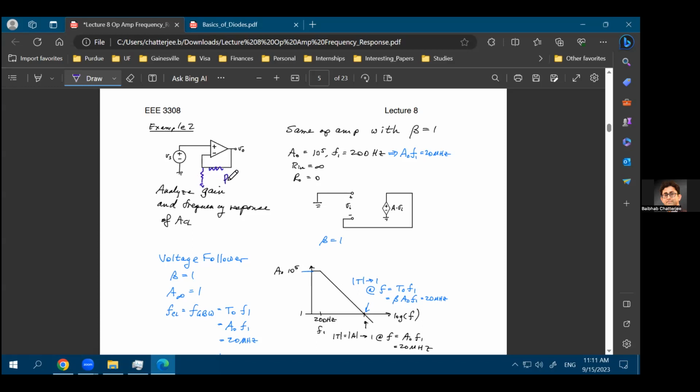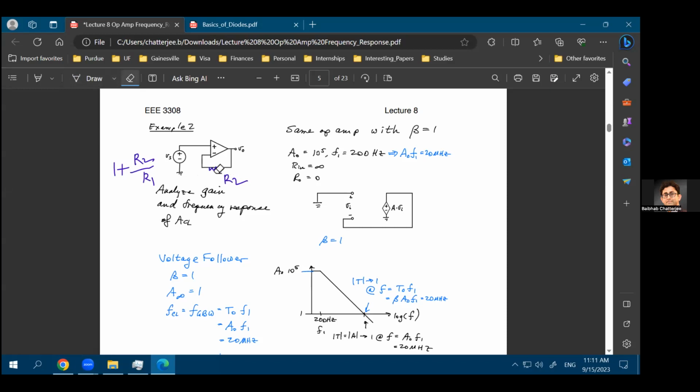So if this was R2, and if this was R1, we have already solved the KCL equation, the nodal equations, to find out that the gain in the non-inverting configuration is 1 plus R2 over R1. Okay. In this case, what is your R1? Because the R1 was not present at all, it was open circuit. R1 is infinite.